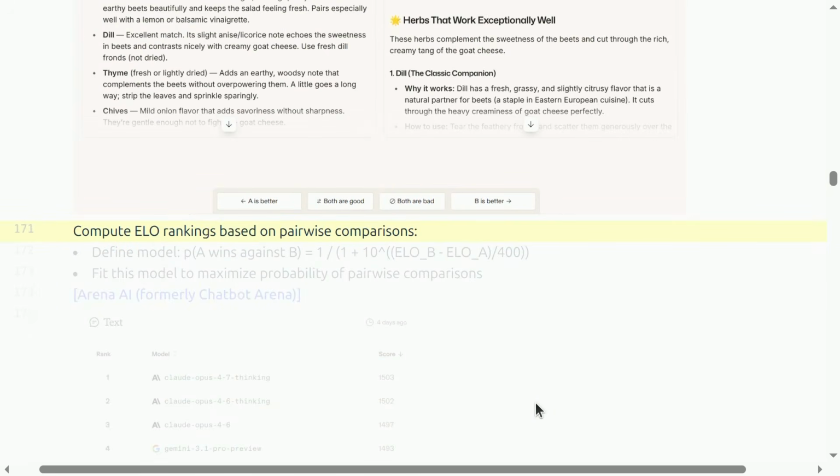Just to get everyone on the same page, in these Elo rankings, you define your rating model as the probability of a particular model beating another model as some function of the Elo scores of model A and model B. The larger the Elo score of A is, the higher the probability, so it's a smooth mapping.